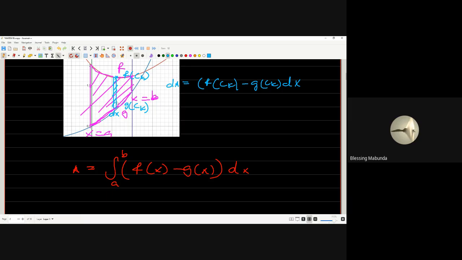But now if you wanted to extend the same idea to account for this entire region, that's where you bring in your integral and consider your left and right upper bounds and so on.